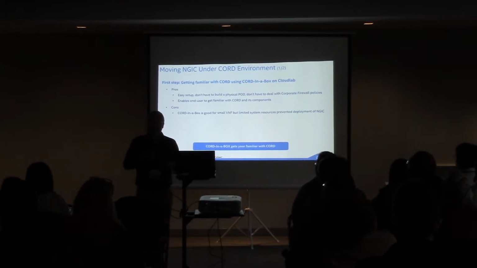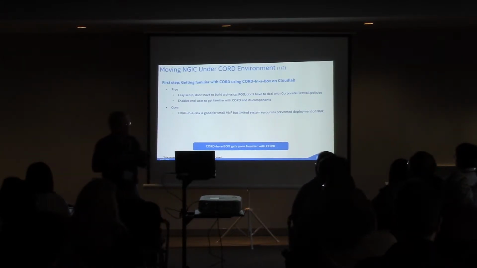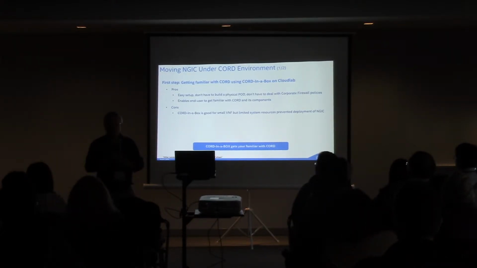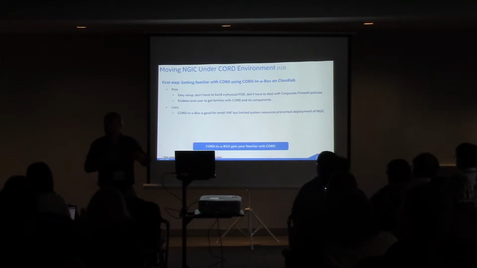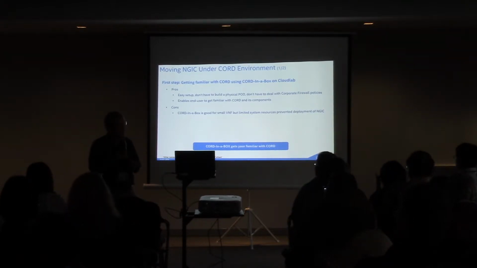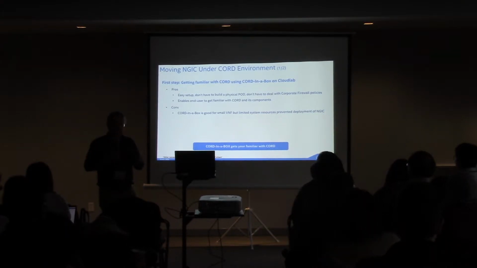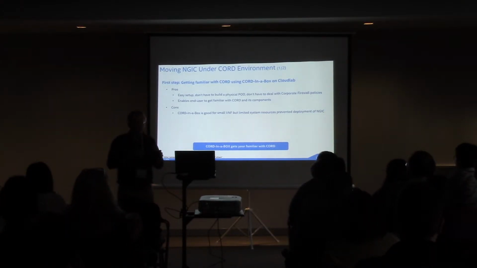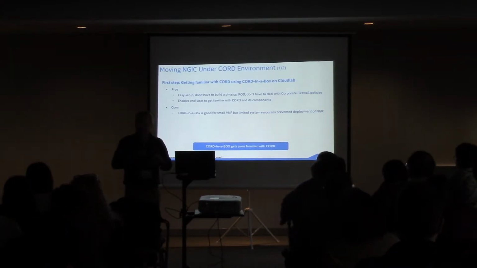The drawback for us was that the VNF we had required significant system resources. For example, on a data plane with a certain number of CPU cores, 6 to 8 cores, depending upon the type of traffic you would like to see. We also require system memory. And CORD in a box has fairly limited system resources available to you.